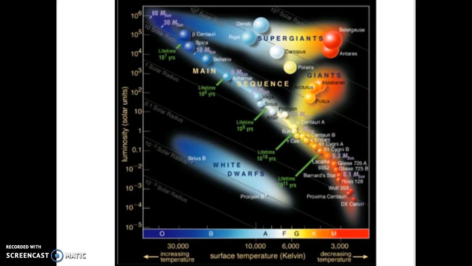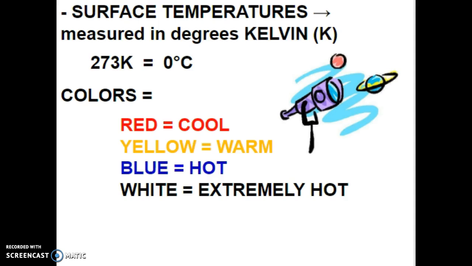And then on the y-axis, we have the luminosity, or the brightness of stars. We can take the surface temperature of a star and associate it with its luminosity, and vice versa. The hotter a star is, the brighter it will be, and the cooler a star is, the darker it will appear.